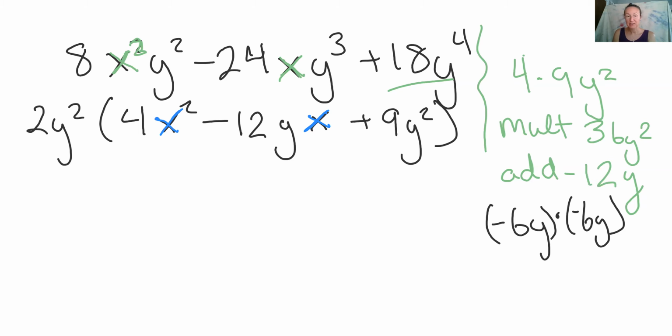Negative 12y. So we wanted to multiply to 36y squared, add to a negative 12y. And so that's going to be negative 6y times negative 6y. So that's how we're going to break up our centerpiece.